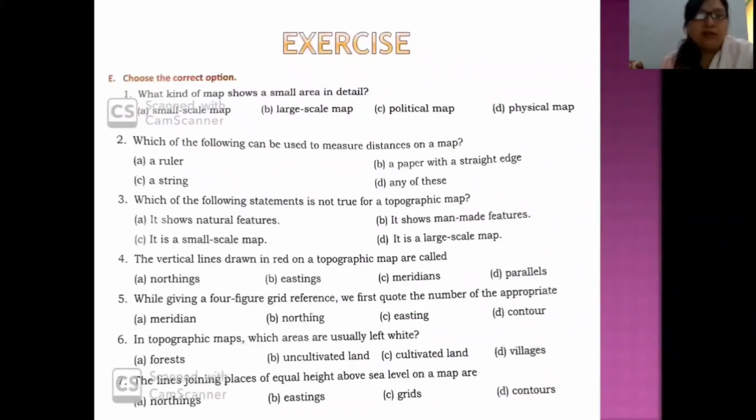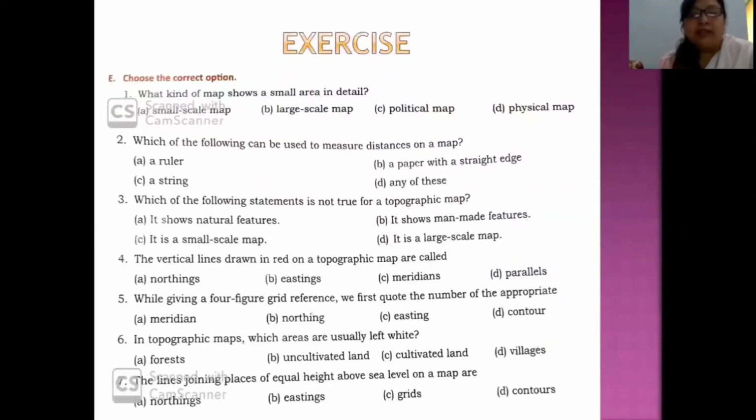Number 2 is, which of the following can be used to measure distance on a map? The options are A ruler, B a paper with a straight edge, C a string, D any of these.